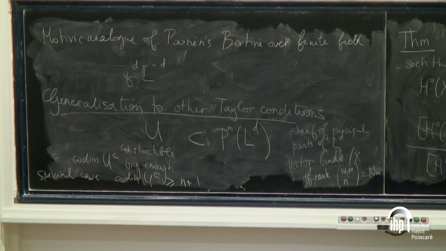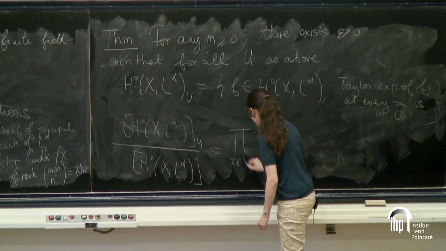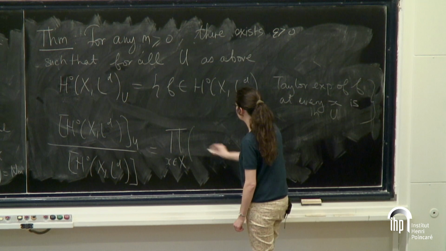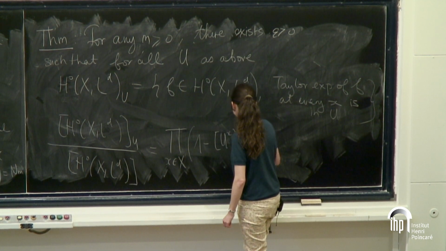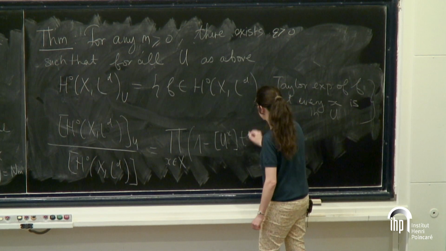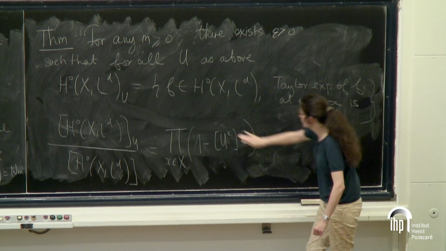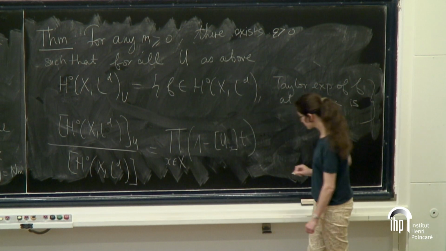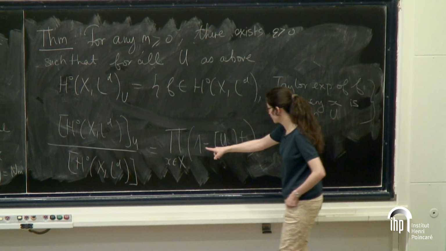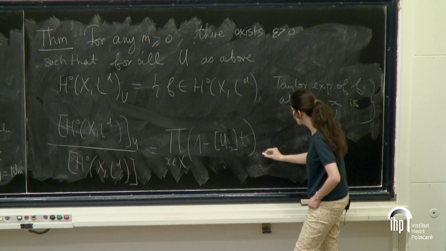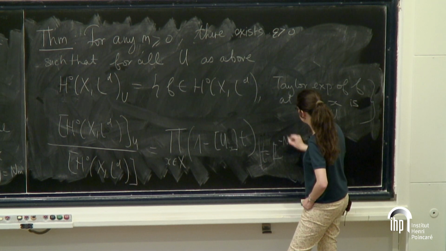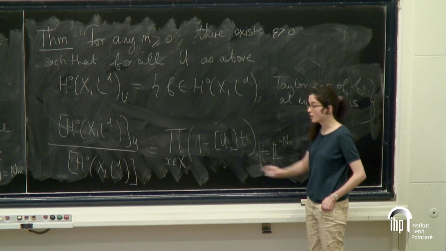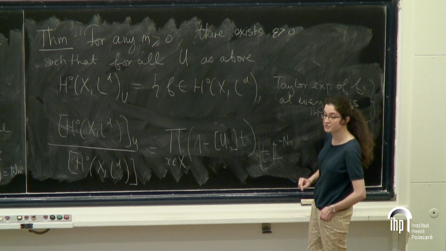So what is the Motivic probability? The way I write it down is like this. It's an Euler product with just one coefficient, which is minus the class of U, and I evaluate it at L to the minus the rank of the bundle of principal parts.